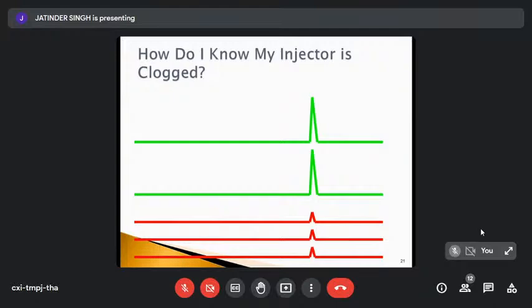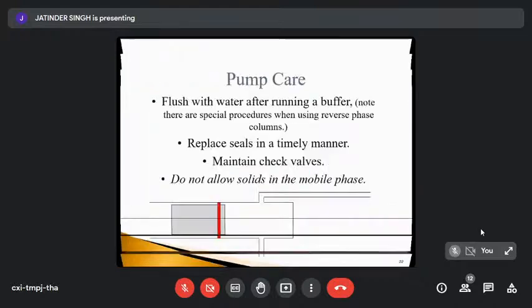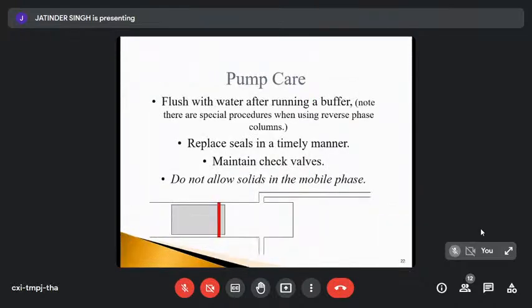Clogged means there are some impurities of the analyte or of the solvent, or we have not done the proper filtration and sonication of the mobile phase. Then the injector gets clogged, and the mobile phase and the sample are not able to pass into the detector.